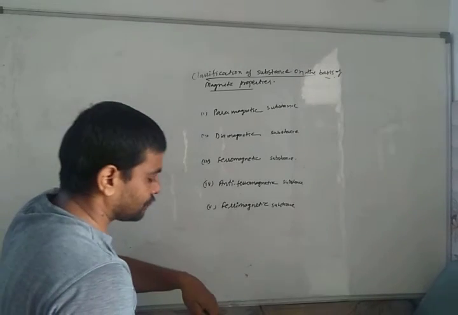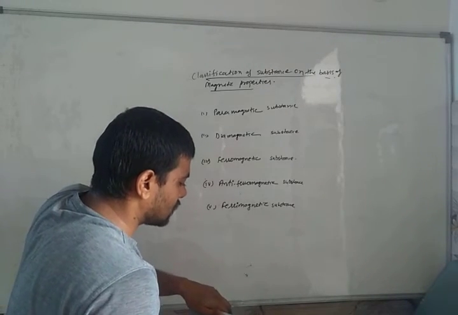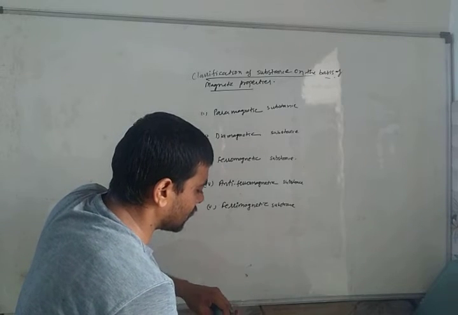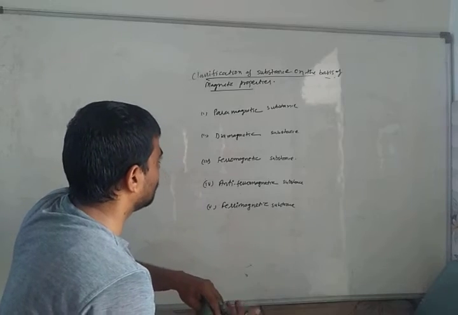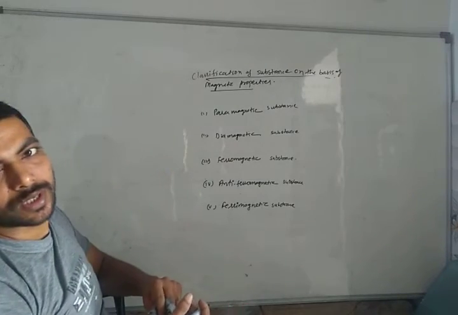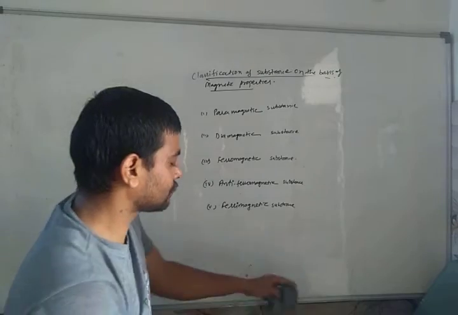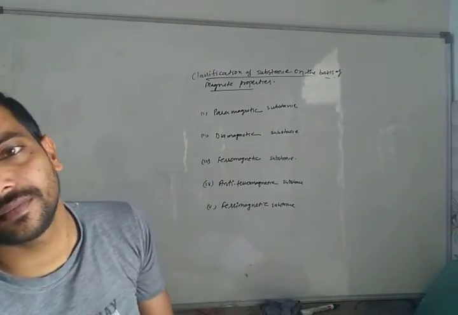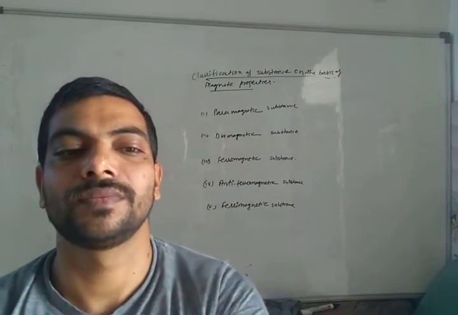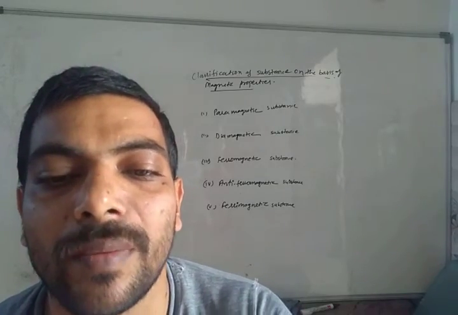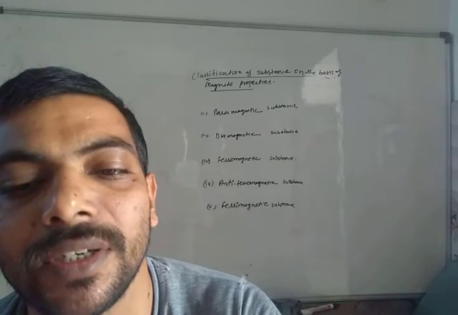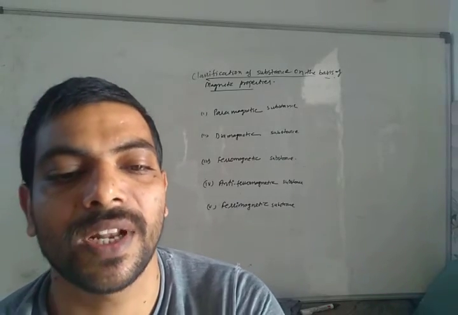Paramagnetic substance. The substances which are attracted in external magnetic field are called paramagnetic substance, and this property is called paramagnetism.